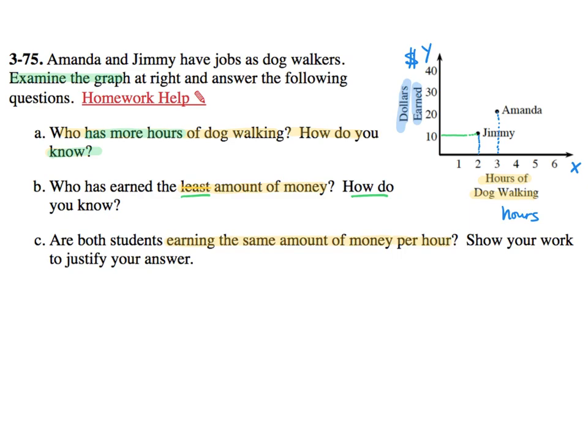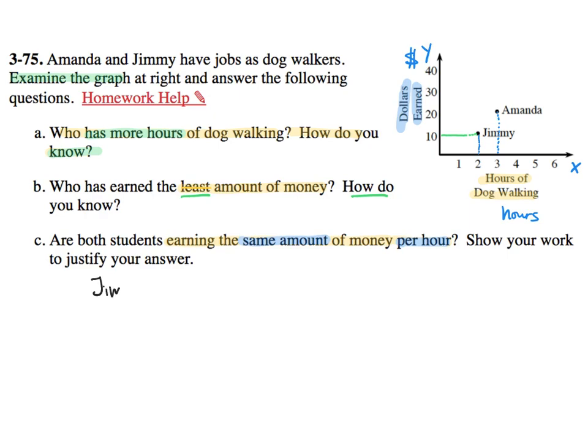In this problem, we are looking for comparison. Are they earning the same amount of money, but per hour? So we have to go back to the graph. We have two people. Let me start writing for Jimmy.